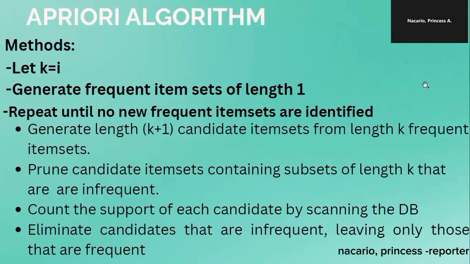Then, count the support, or how many times each candidate item set appears in the database. Lastly, remove the infrequent candidates and keep only the frequent item sets. So basically, the goal of Apriori is to find all combinations of items that frequently appear together, but in the most efficient way, using pruning to save time by not checking invalid combinations.